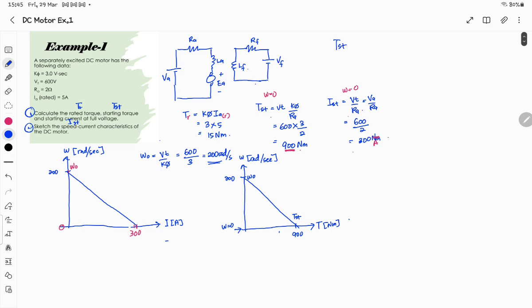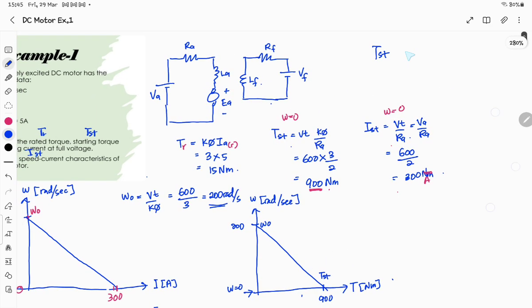Let's say this TST, starting torque, ratio with the developed torque: it is 900 with developed torque this one 15. So 900 divided by 15, you will have 60. So you can say that starting torque is 60 times larger than developed torque or rated torque.